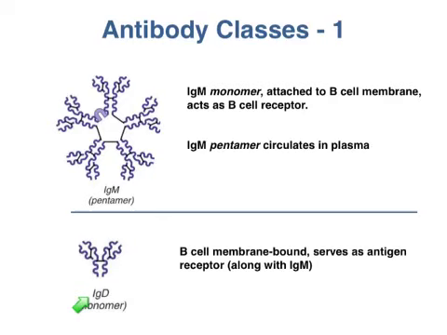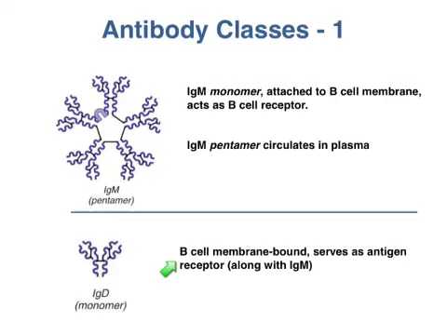So both IgM and IgD can act as B-cell receptors. I've said the B-cell receptor is basically just a membrane-bound antibody, and to be more specific, it's a membrane-bound IgM or a membrane-bound IgD. Okay, and that's all IgD really does, is serve as a B-cell receptor.